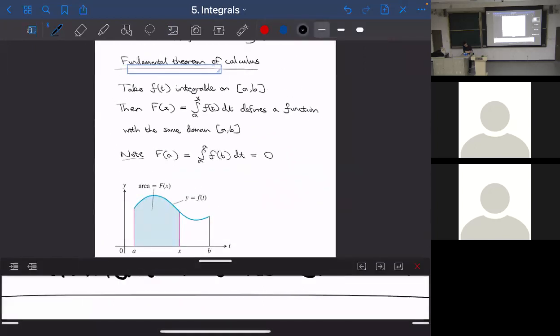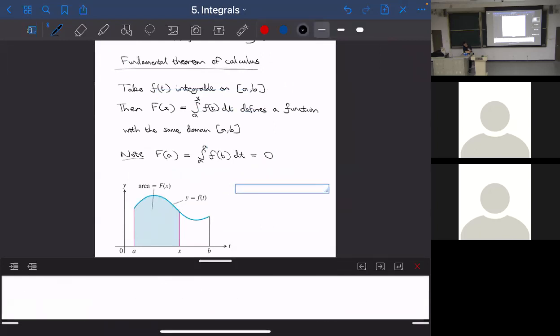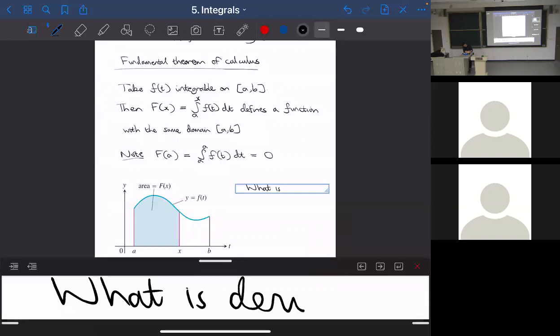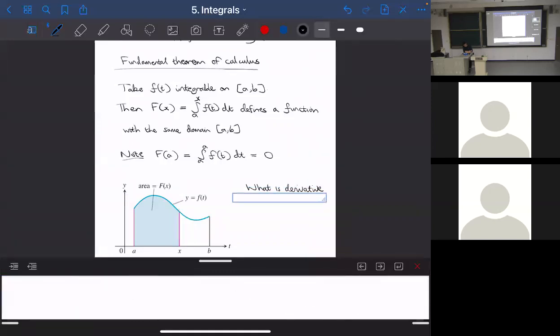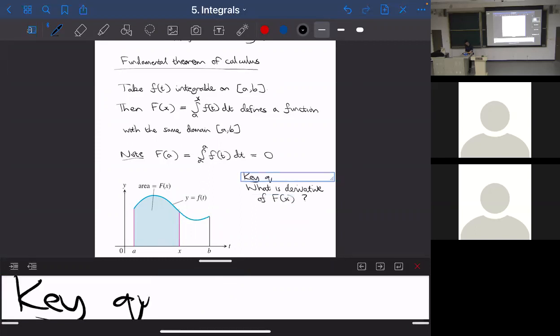Okay, and the reason why we're writing down this function big F is because we want to ask what is the derivative of F(x). Okay, so let's emphasize this key question.